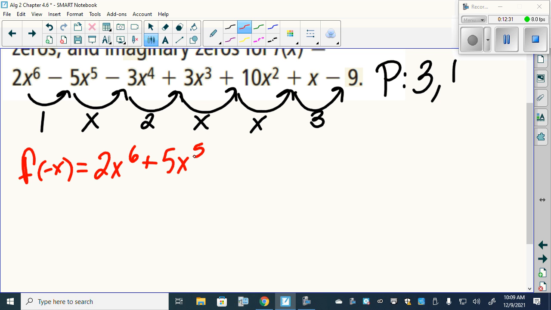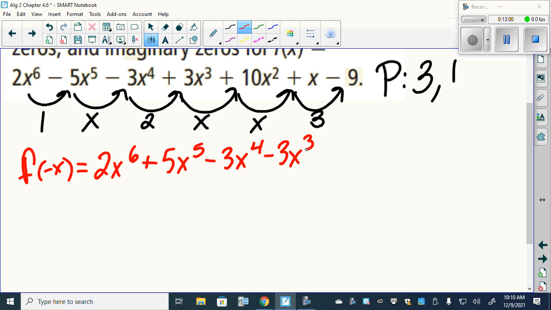The next one is even, so the sign will stay the same. So the power 4 is even. So we're looking at the exponents. Because if the exponent's even, the sign stays the same. If the exponent's odd, the sign will flip. The x to the third, because our third exponent is odd.